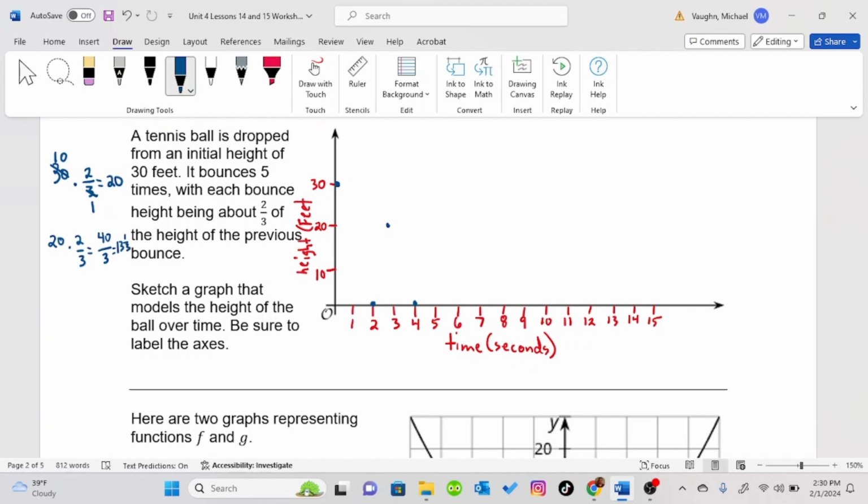So my next point should be about 13 1/3. And then it'll come and hit the ground again.